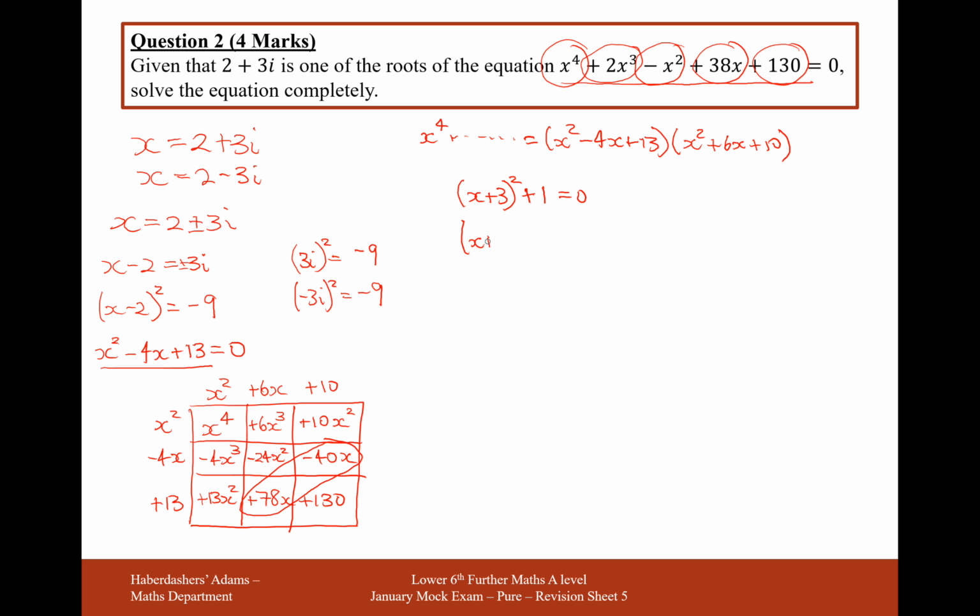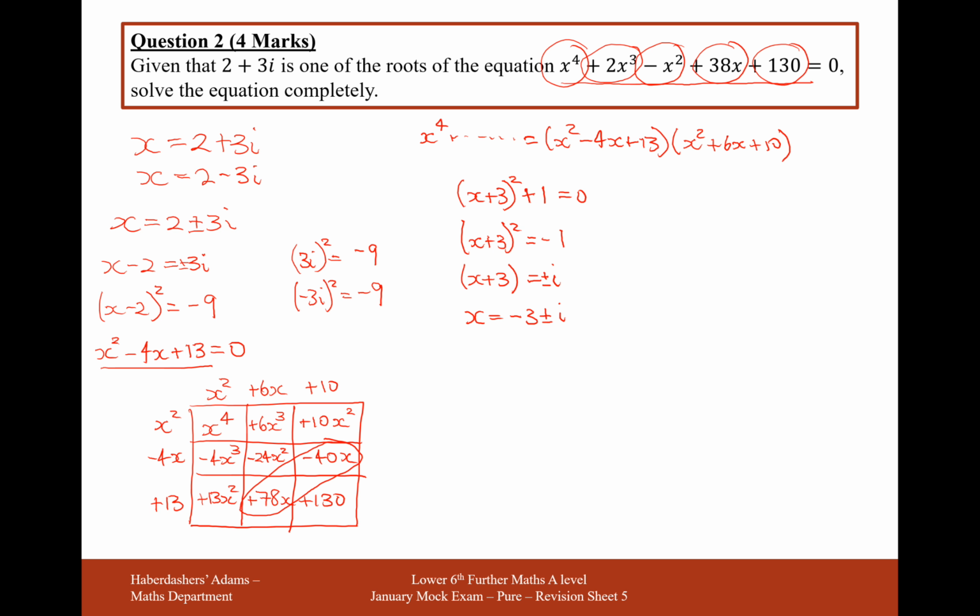So therefore x plus 3 squared will give me minus 1. And square root both sides here. x plus 3 is going to equal the square root of minus 1, that's plus or minus i. And then take away the 3, and you're going to get minus 3 plus or minus i.